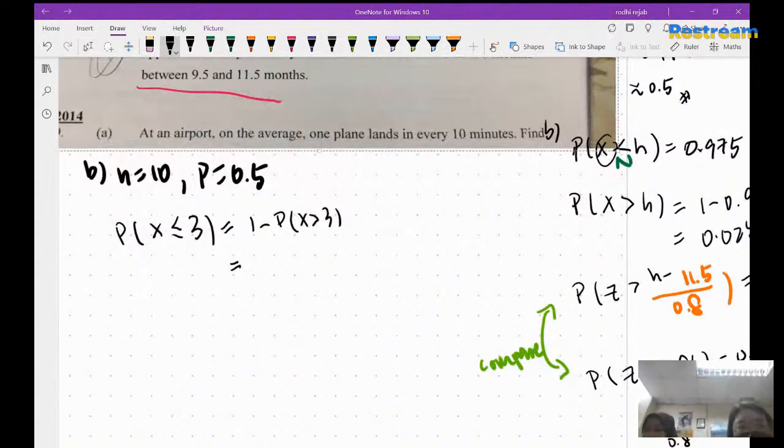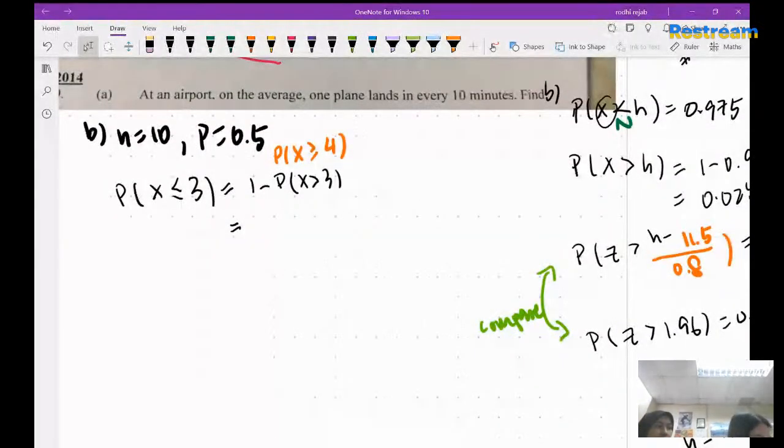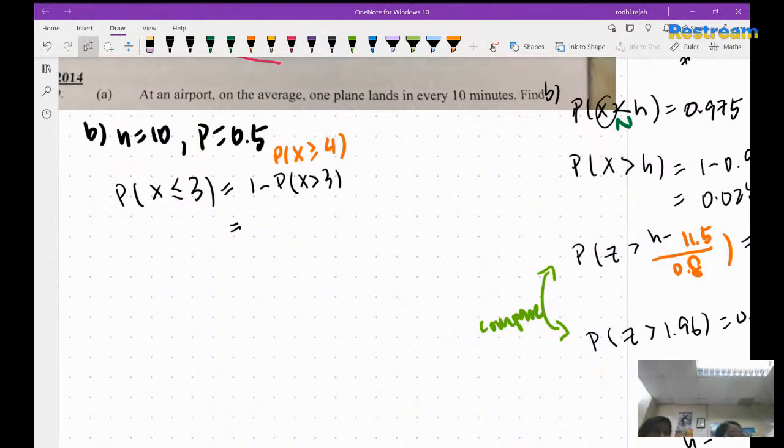Boleh. Dapat 72.24. Okay, so kami cari balik table. Then P equals to 0.5, then N equals to 10, and then P(X more than 4). So kami akan dapat 0.8281.